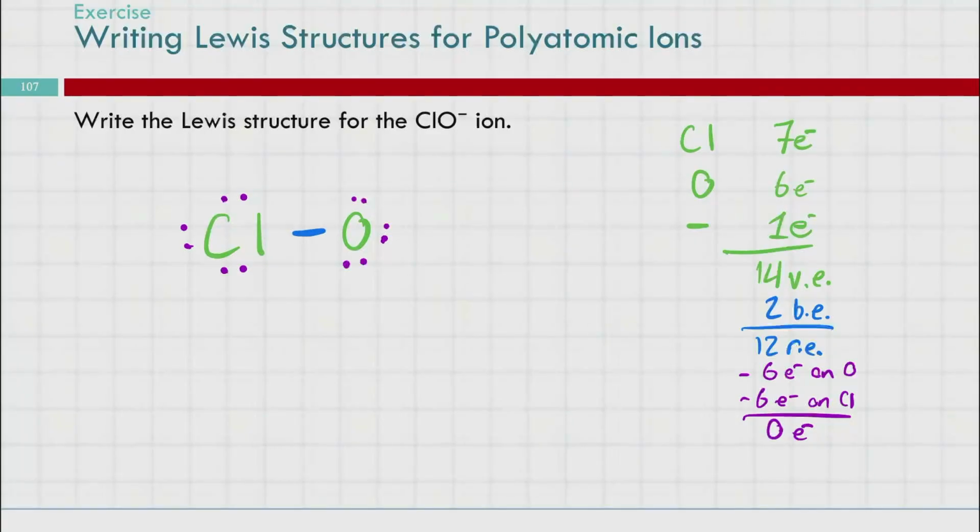That's 4 groups, each group being 2 electrons. 8 electrons for both of these. They're happy. And then because it's an ion, we need to add in our brackets and our 1 negative charge on the outside. And that would be our complete Lewis structure. Questions about any of those parts?